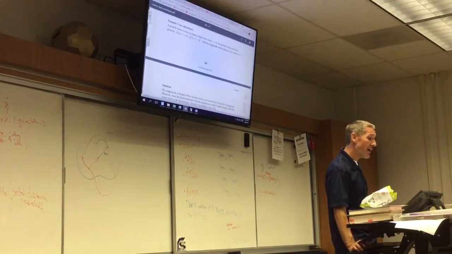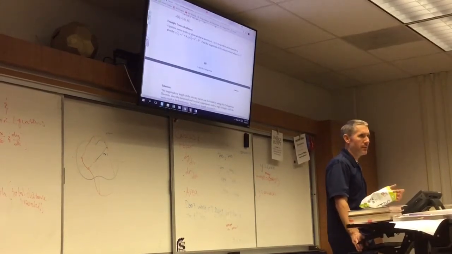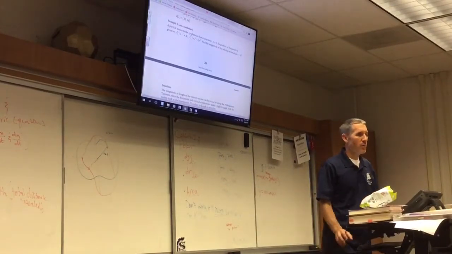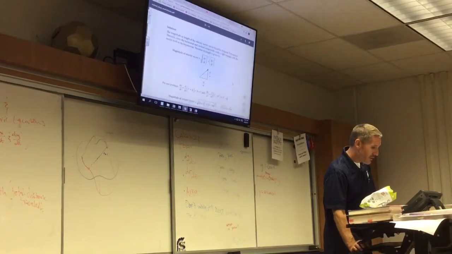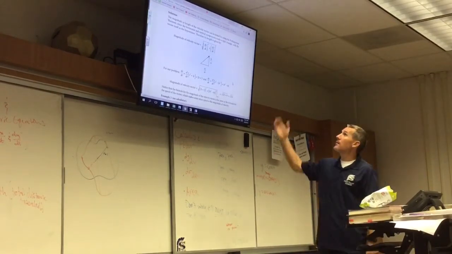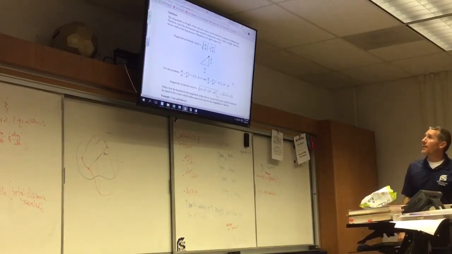So sometimes they'll say find the magnitude of the velocity vector. Magnitude of the velocity vector is just known as speed. So that's the square root of x prime of t squared plus y prime of t squared. So in this one, all that you're doing is finding the magnitude of the velocity vector, which is just the speed of the particle at the given time value.